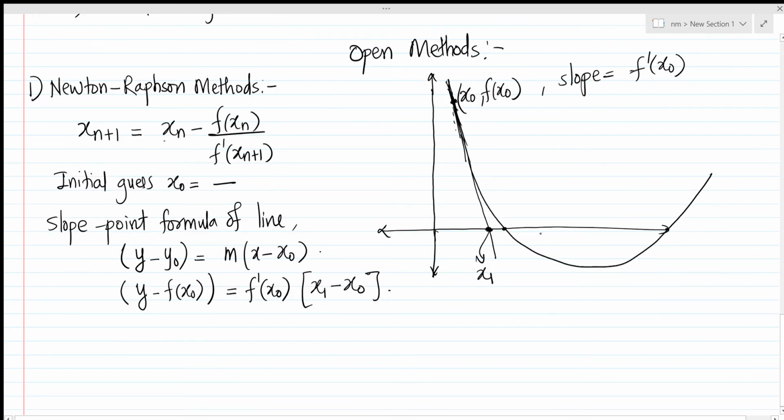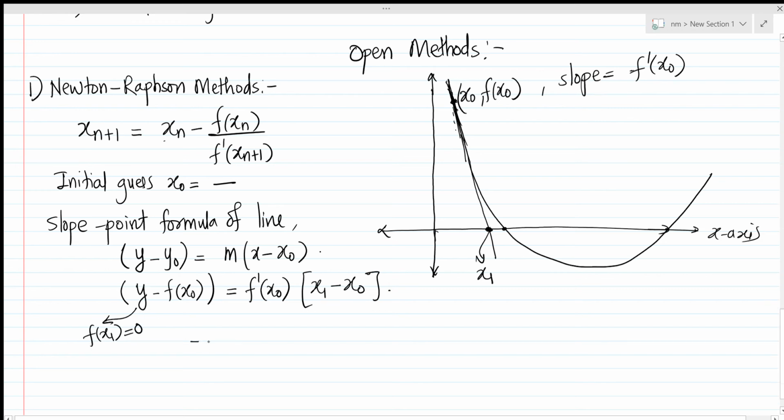For this y value, y is equal to f of x1. It intersects at the x-axis and therefore f of x1 is 0.